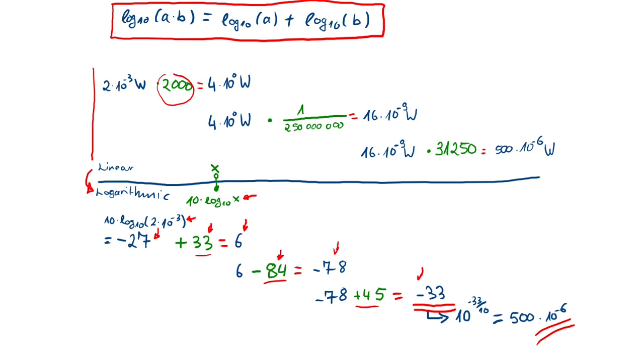So this is why decibel is still very popular in radio frequency engineering and other fields of electrical engineering, because they are so easy to deal with without needing a calculator or a computer.